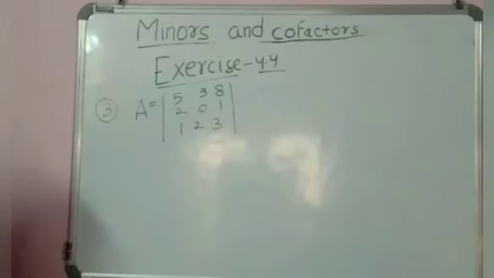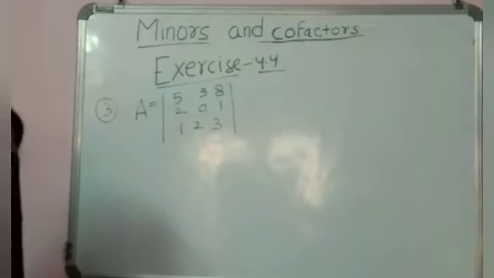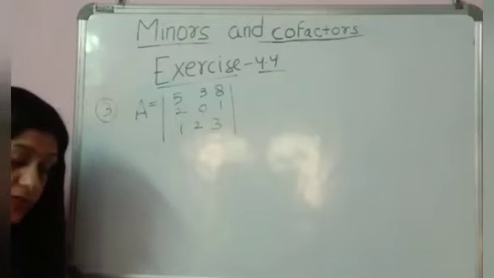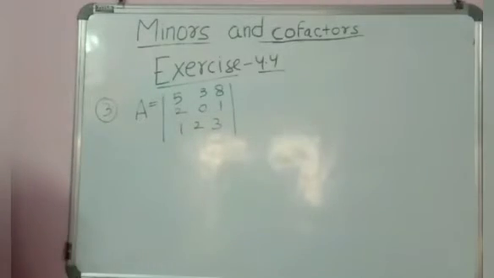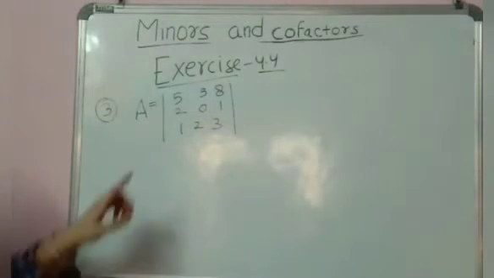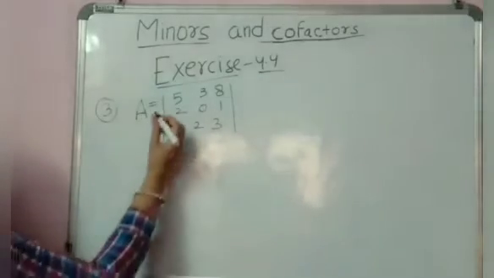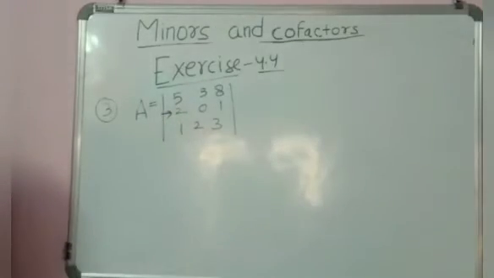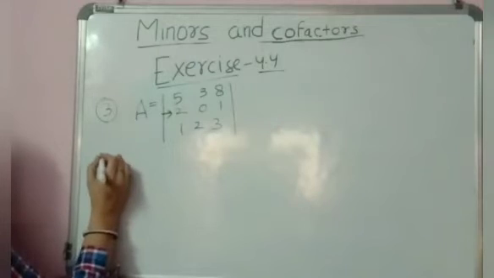Now you have to find the value of this determinant using the cofactors of the second row. So the second row is this.